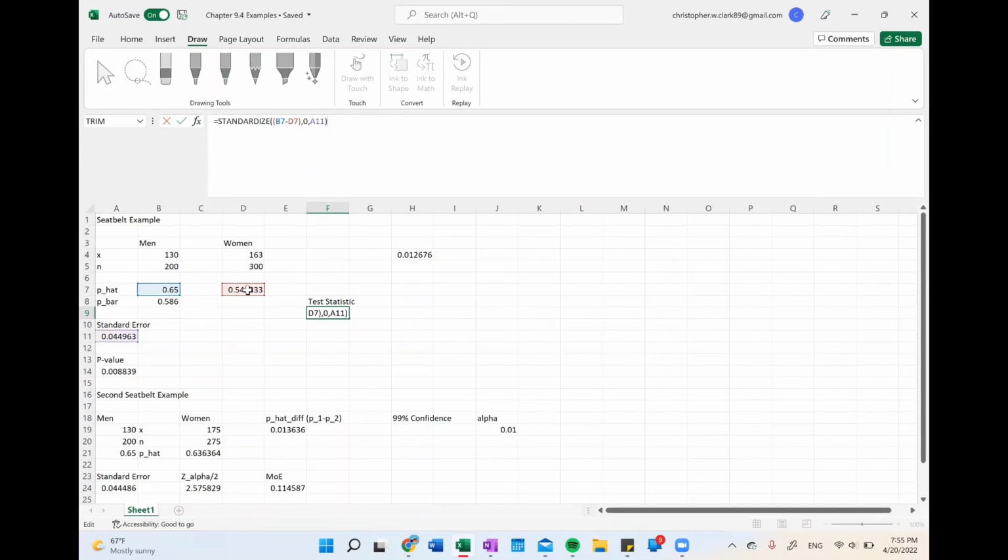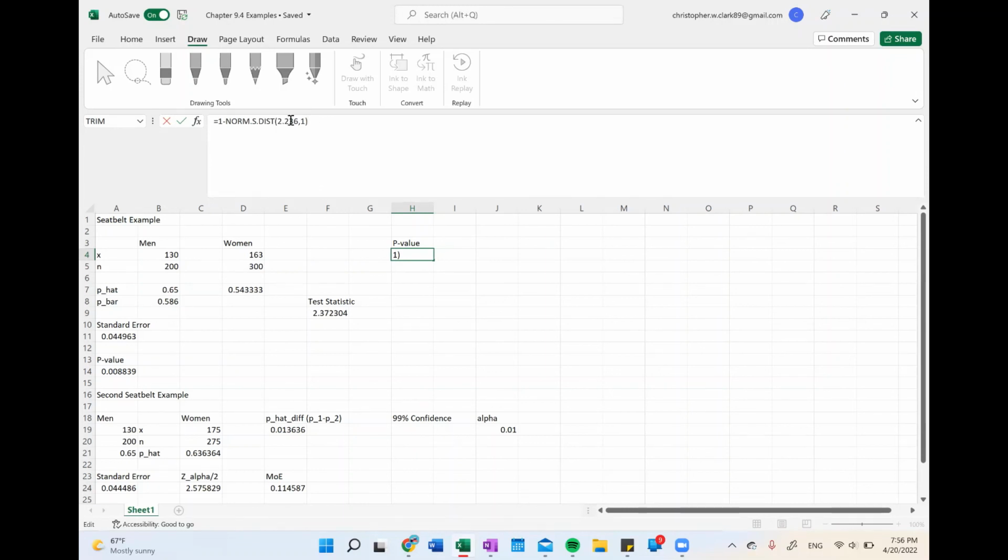The second thing that goes in the function is the difference in P1 and P2, which by assumption is 0. And the third thing is our standard error, or that big nasty square root, p bar, q bar, all that good stuff. When you do that, you get a nice 2.372.